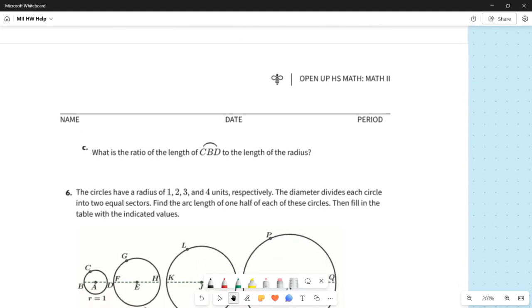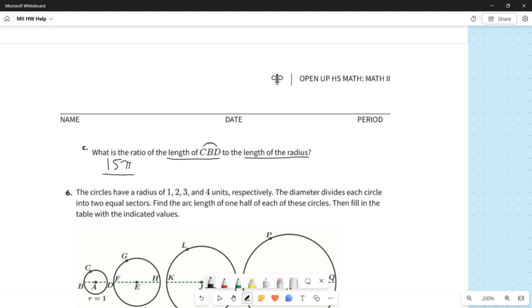So it's just saying what is the ratio of our answer to B, which we just said is 15 pi. All right, that is the length of arc CBD over the length of the radius.